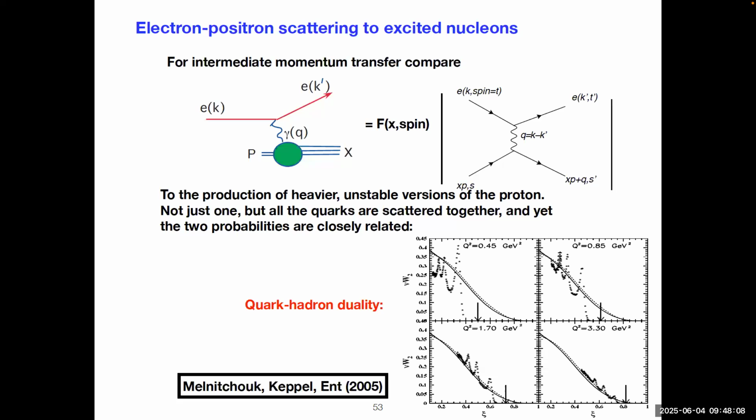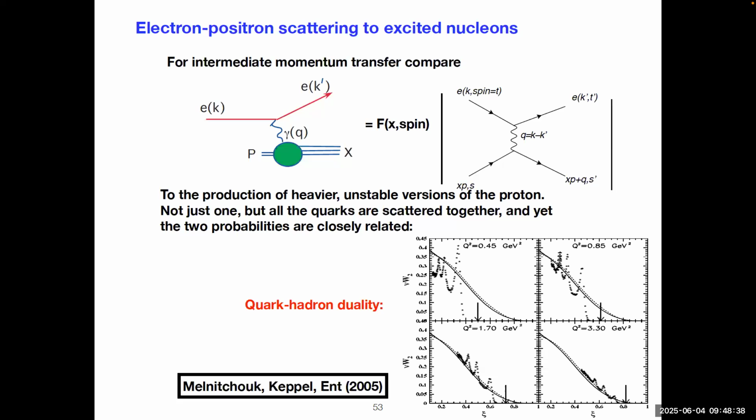As you go to a larger Q squared, then to get to the M squared, you have to go to a larger X. So it's probably a nice exercise to verify, with the right kinematics, taking into account the mass of the proton, that the first point marches to the right in these pictures as Q squared increases. So that's a really good observation that there's a lot going on.